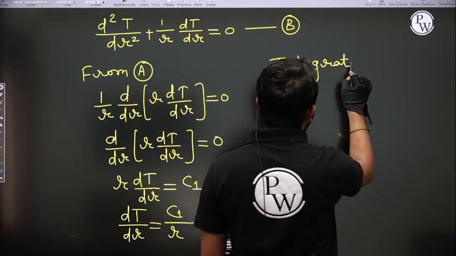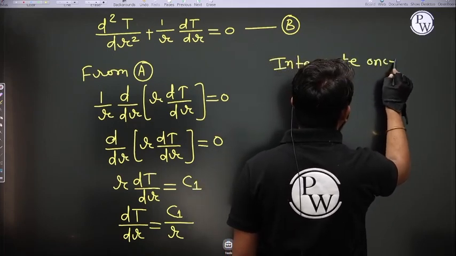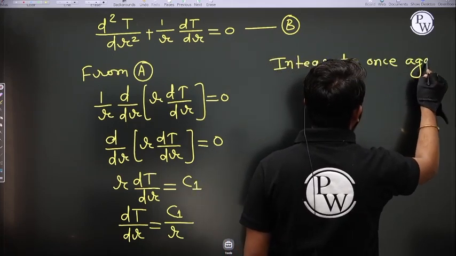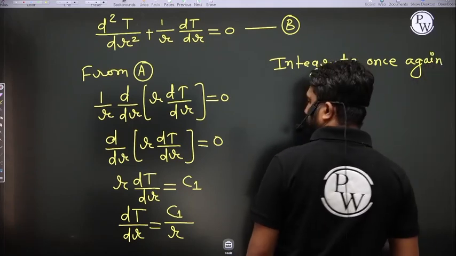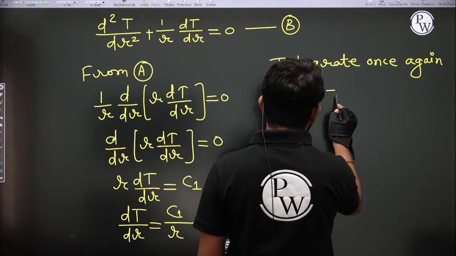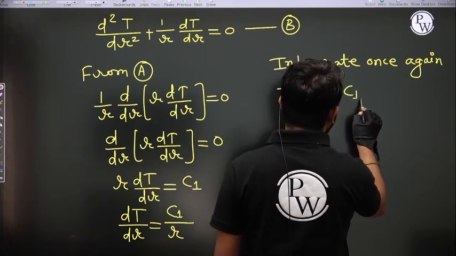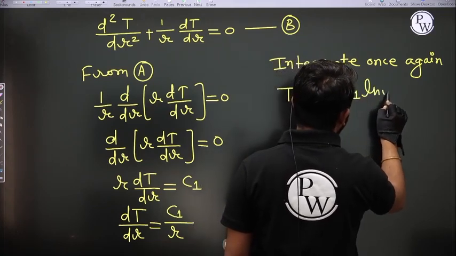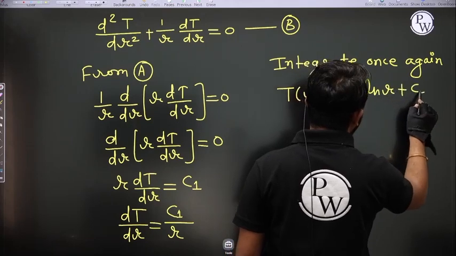Now integrate once again. So that is T of R is equal to c1 ln R plus c2.